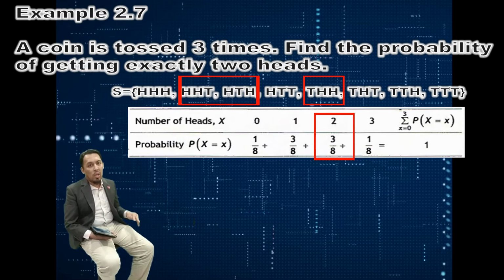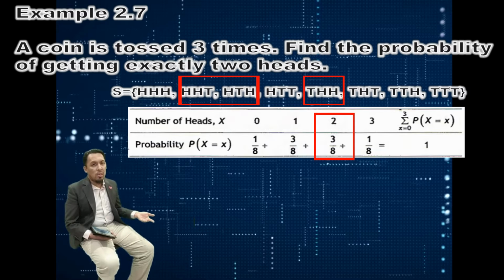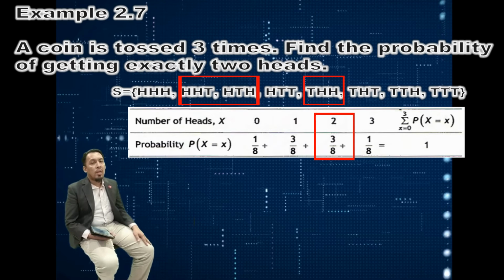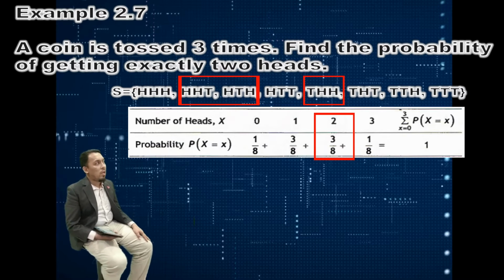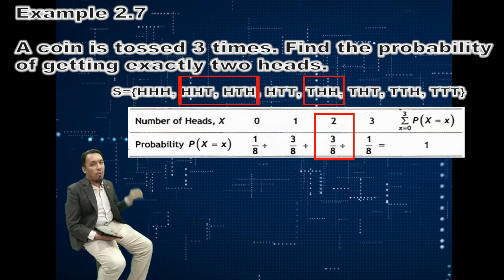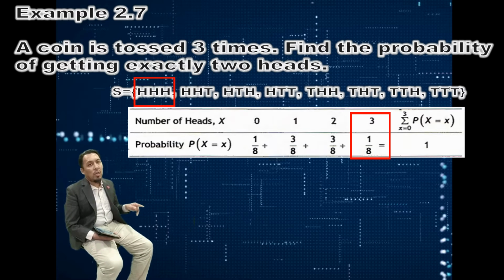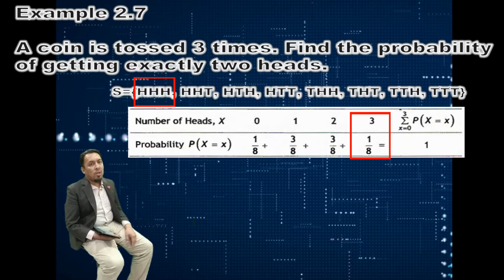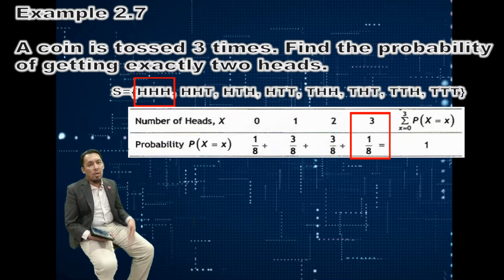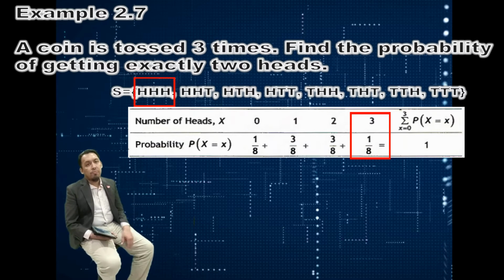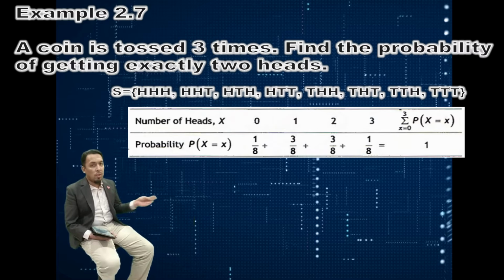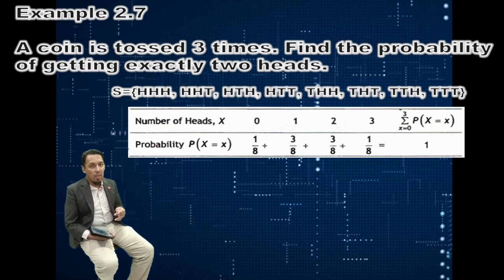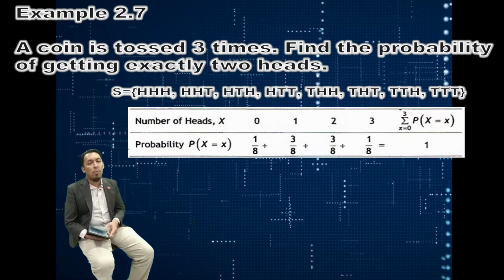Yes, also 3, so 0.375 there. And how about 3 heads? We have only one combination that consists of 3 heads, so 1/8 for that. Notice that if you sum all of the probabilities, you will get 1.